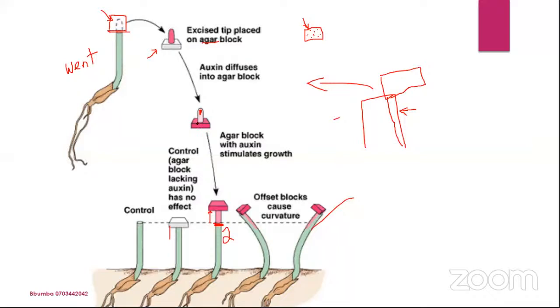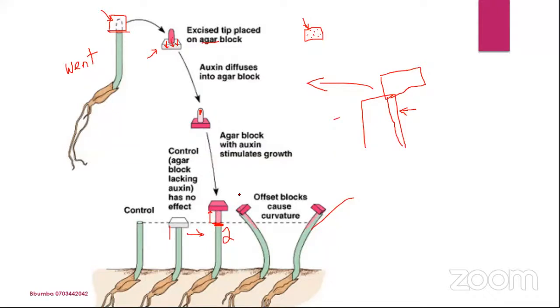Now this agar block, I'm comparing it to a sponge with auxins, and he placed it on the seedling whose tip had been cut off. After some time, it grew, it elongated, from this size to this size.